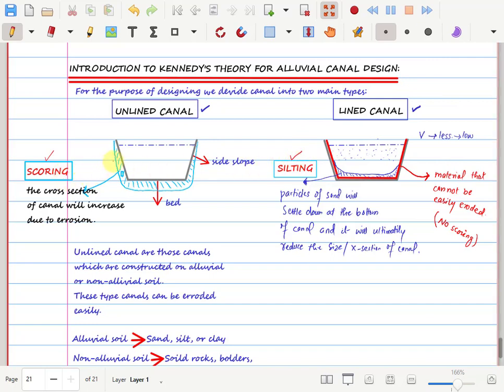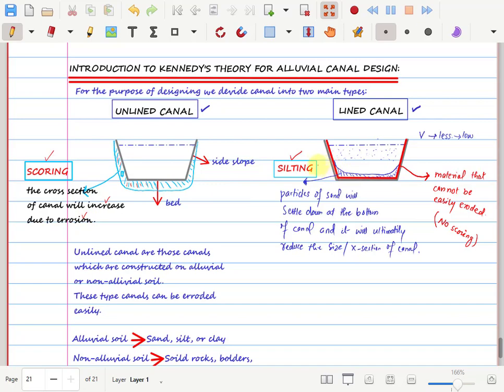Whenever there is silting, the cross section or size of your canal is going to be decreased. Scoring will cause your canal to be expanded, right, due to erosion.